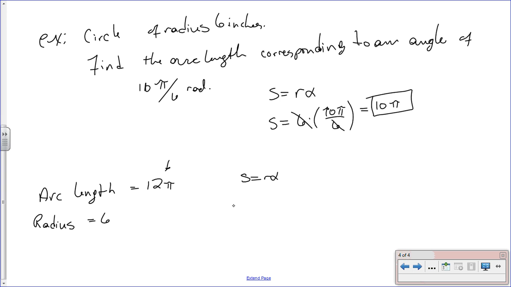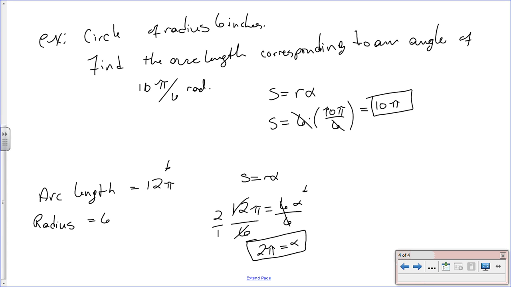Our arc length is S. So 12 pi equals R, which is 6, times alpha, and we're looking for our angle measure. Divide both sides by 6. 12 over 6 is 2. So that is simply 2 pi equals alpha. That's how you work it backwards. If you know the arc length and you know the radius, you can find your angle. In this case, our angle is a full circle.